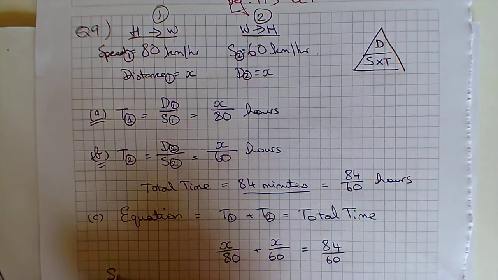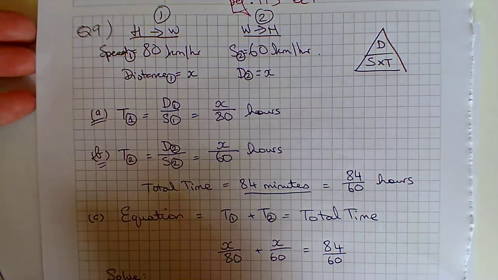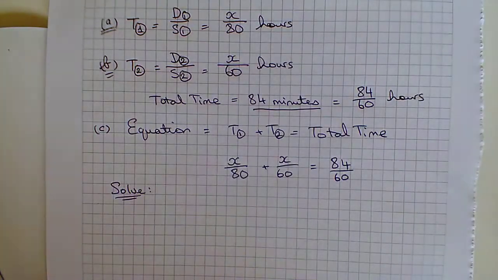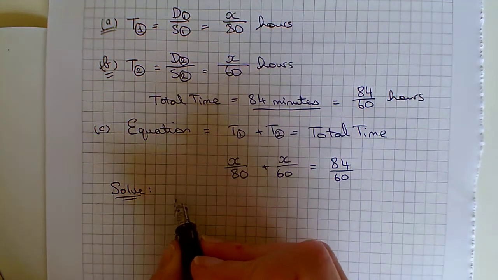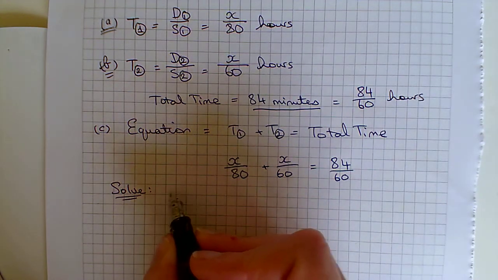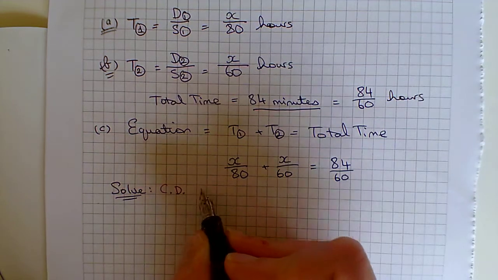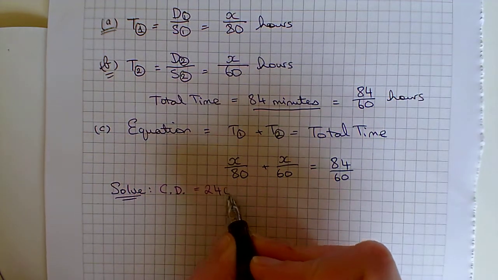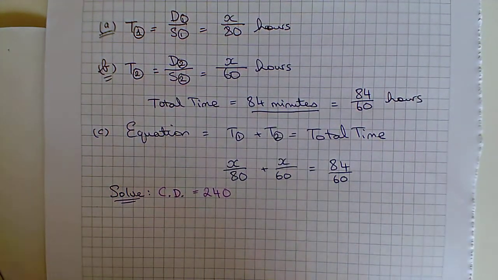Now, if we want to solve an equation with fractions, we need to first find a common denominator. So we're looking for a number that both 80 and 60 will divide into. And it's good if we can find the smallest number that that's true for. So 240 will be good. If you found a bigger number, like 80 multiplied by 60, that's fine.